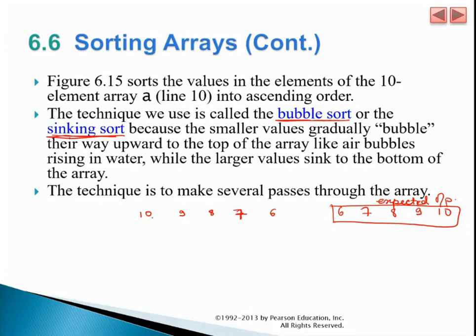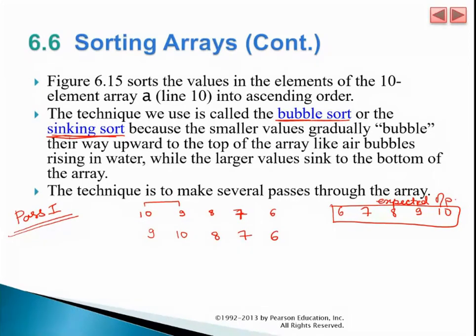First we talk about pass 1. In pass 1, you just look at two consecutive elements each time and compare them. If the second element is smaller than the first element, just swap them, and the rest everything will remain the same.